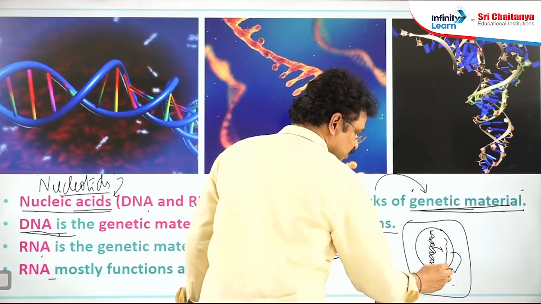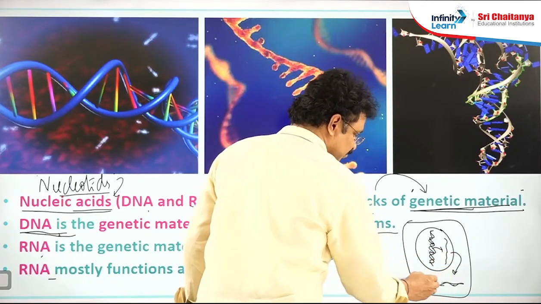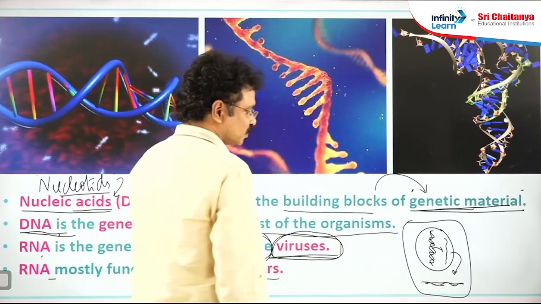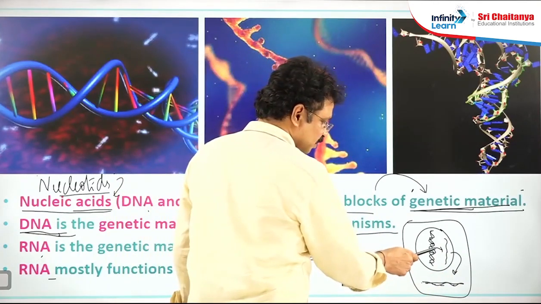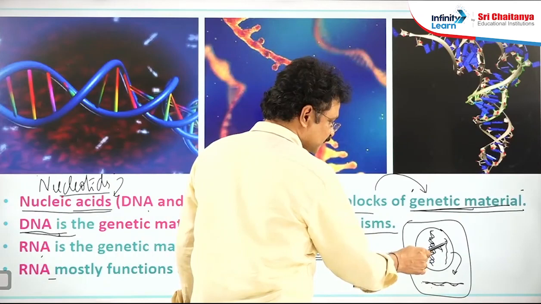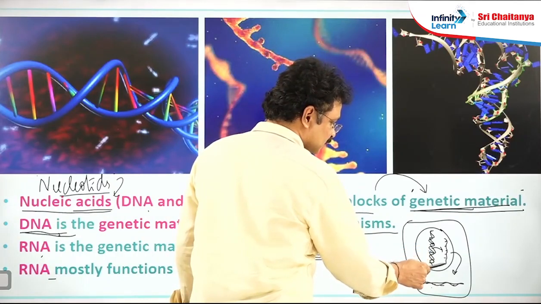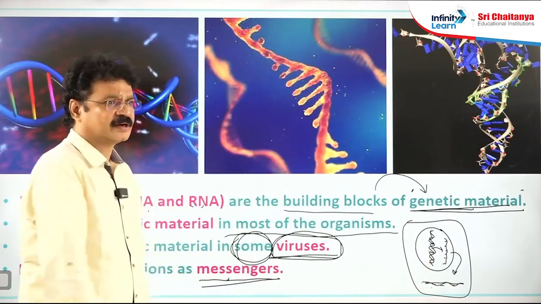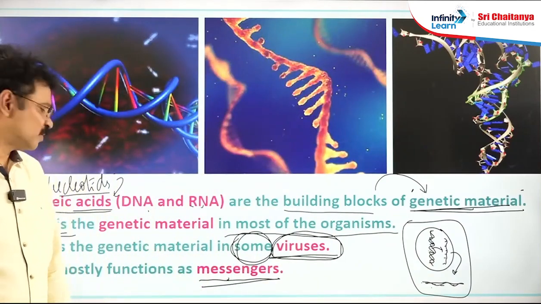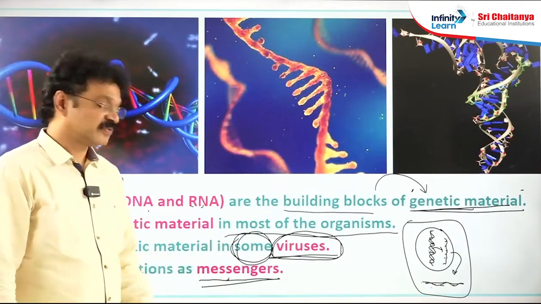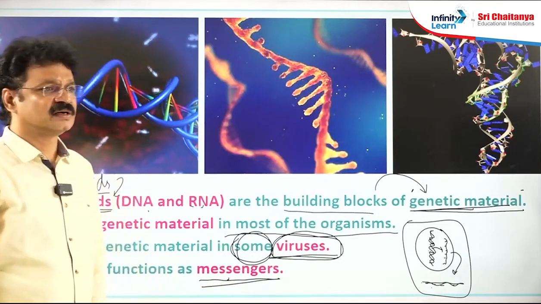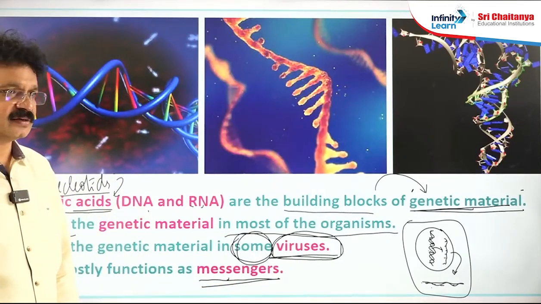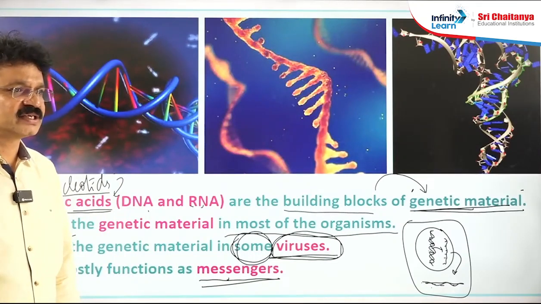That RNA is transferred to the cytoplasm for functioning. So, information is transferred from DNA to cytoplasm in the form of a Xerox copy, that is the RNA. Hence, another name of RNA is messenger RNA, the message carrier. From where to where does it carry the message? Nucleus to cytoplasm.